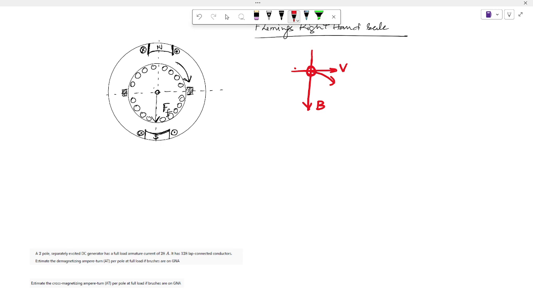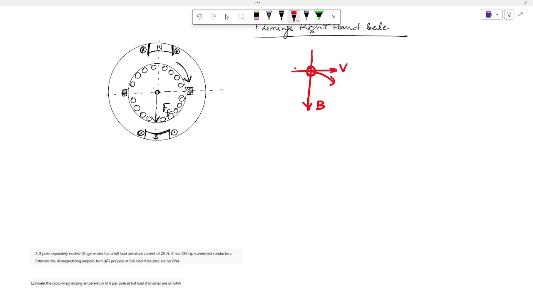See in the figure how I am demonstrating this. If this is my right hand, this pointing finger will show the magnetic field, this thumb will show the velocity or the direction of motion, and the middle finger will show the direction of current.